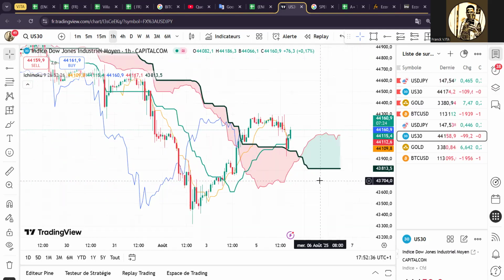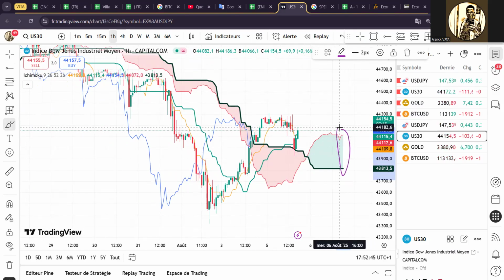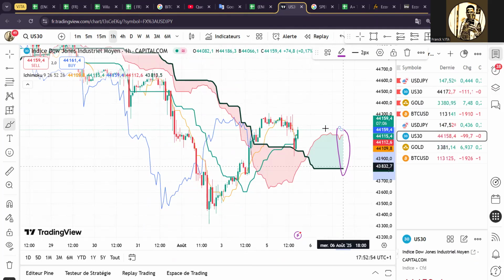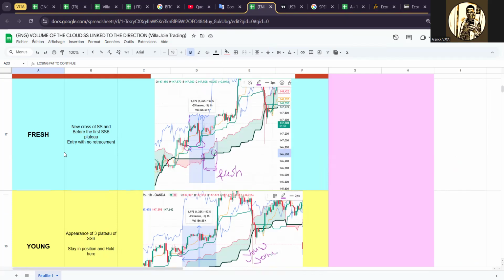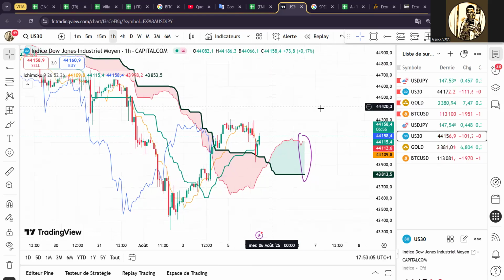At which stage of the cloud are we in now in the live market? If you go back, you will realize that we are still in the fresh stage, right? Why are we still in a fresh stage?